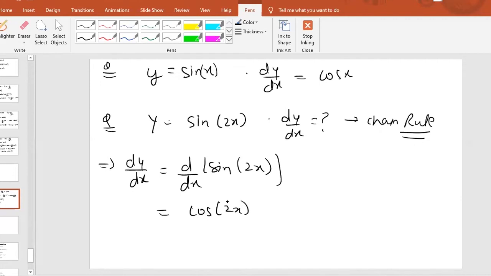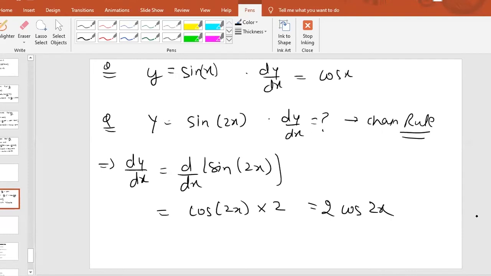Now what we have to do? We have to go inside the bracket and differentiate this 2x with respect to x. What is the differentiation of 2x with respect to x? That is 2. So the answer for this will be 2 cos of 2x. That is known as chain rule.